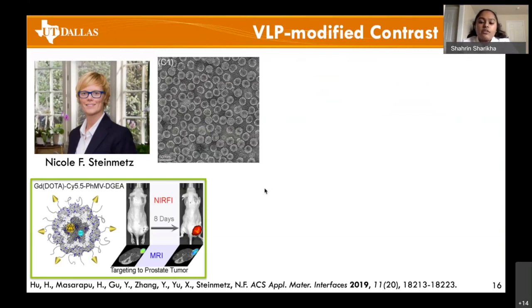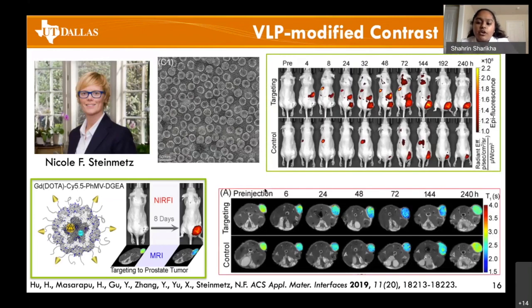And then on the surface, they modified it with PEG molecules, again for stability, as well as with a peptide. And this peptide was specific to targeting prostate cancer cells. With this, they created this molecule and applied it in vivo in mice.